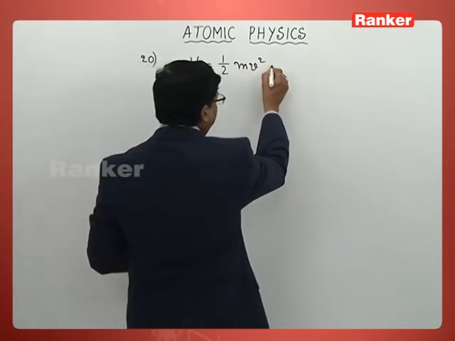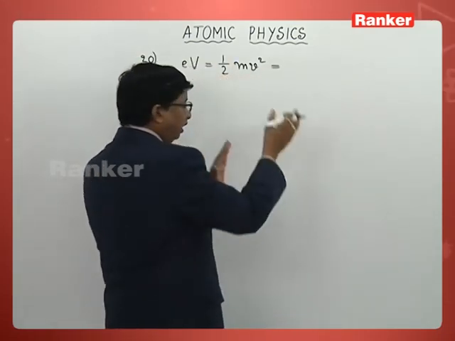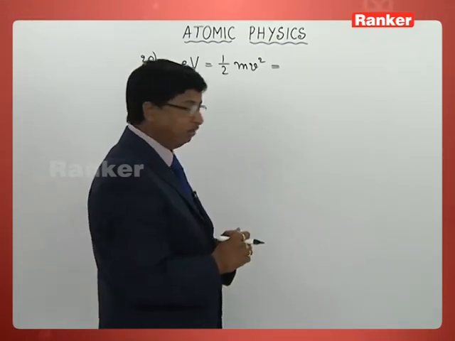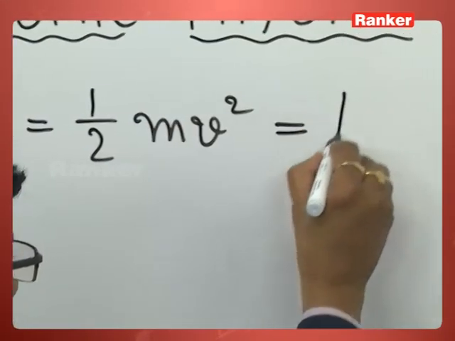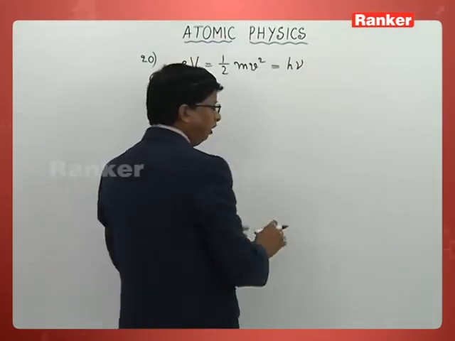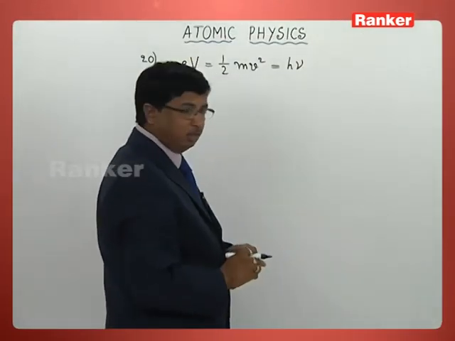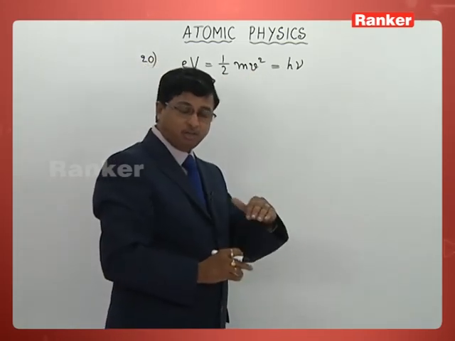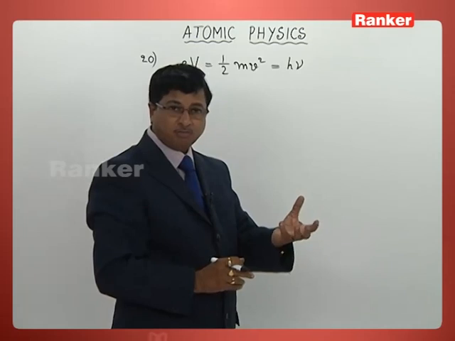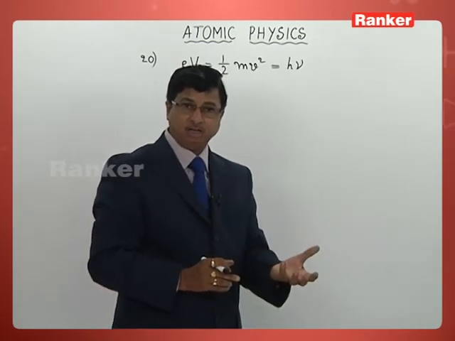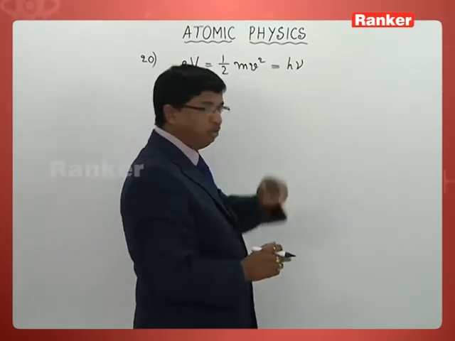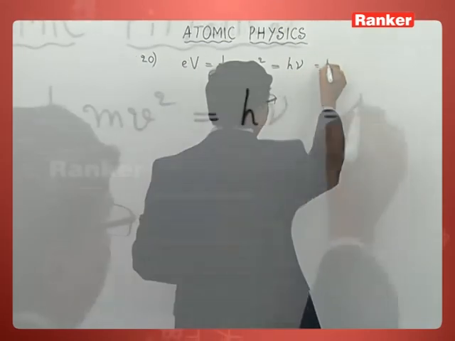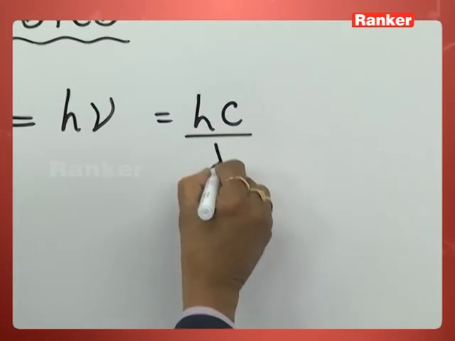Suppose the total kinetic energy is converted into an X-ray. That time, what will be the energy of that X-ray produced? It is h nu. The entire kinetic energy, suppose, is converted into the form of a photon, which is an X-ray photon, then half mv square will be h nu. This h nu can even be rewritten as hc by lambda.